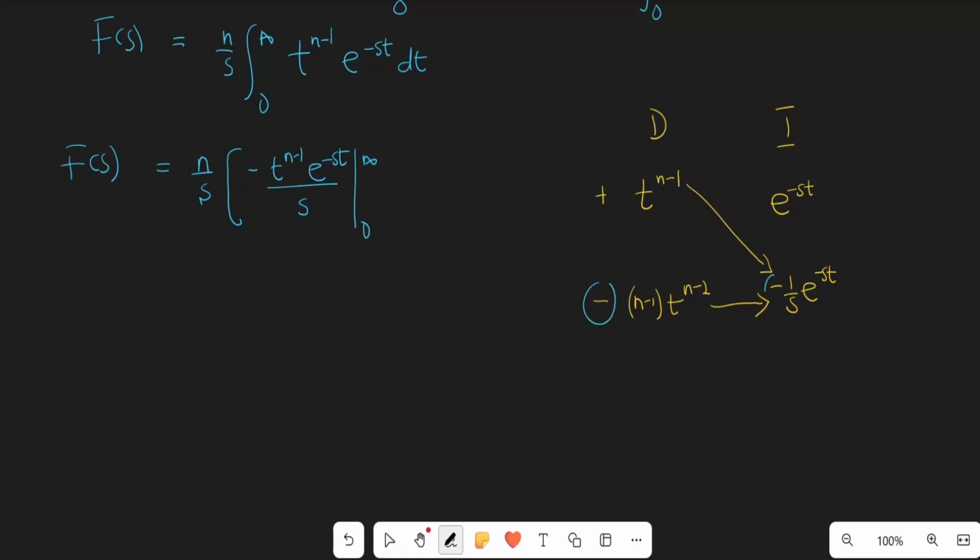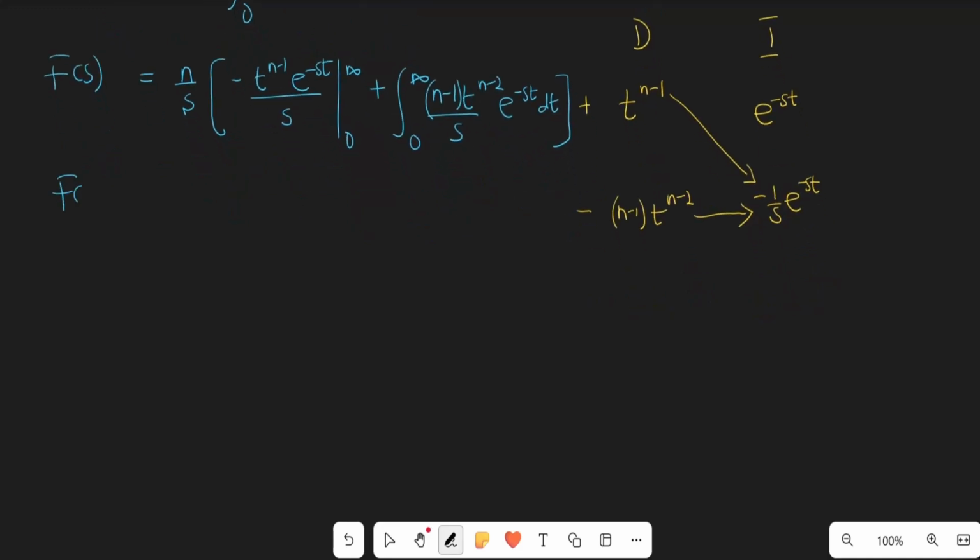And now negative, negative, that's positive. So plus the integral from 0 to infinity of n minus 1 t raised to the power n minus 2, multiplied by e raised to the power negative st, and then dt. And this is what we have.